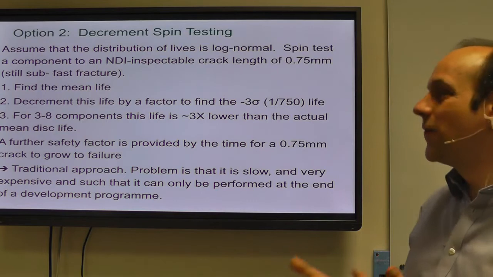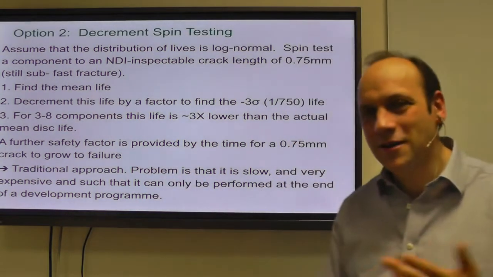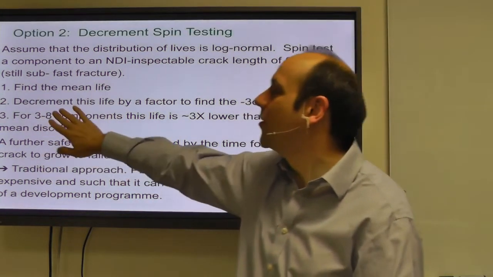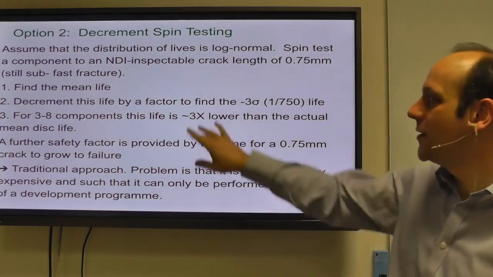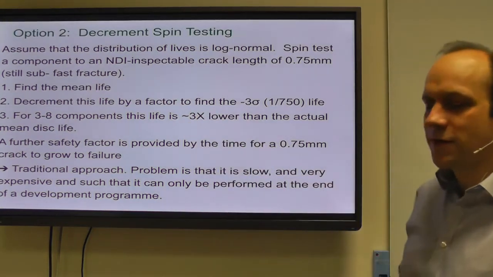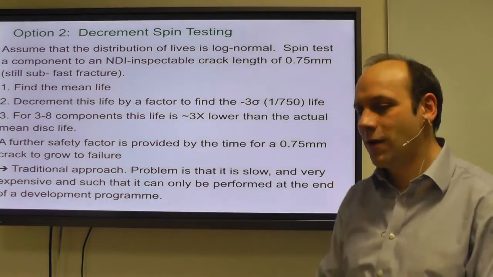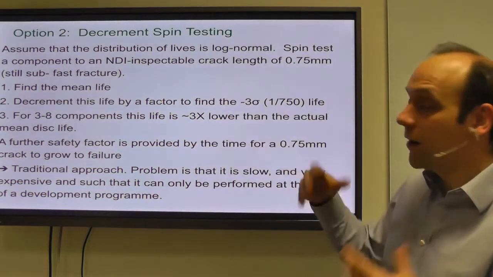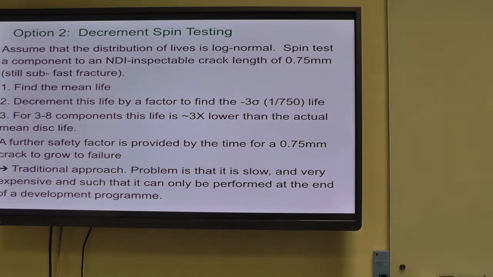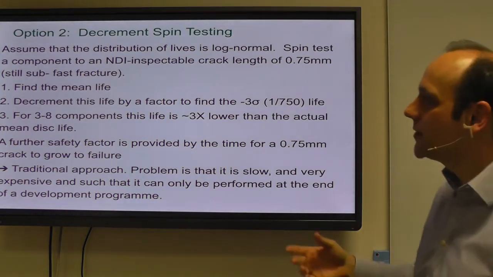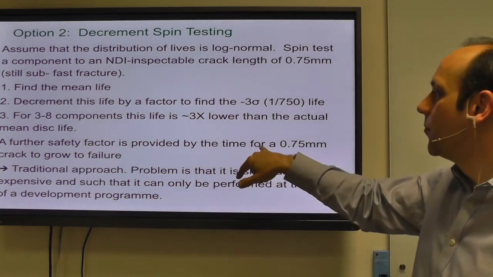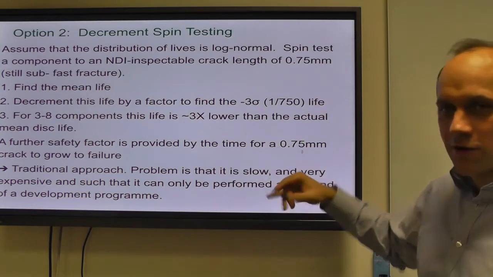And that slightly depends on how many tests you've done, but for that sort of number of components, 3 to 8 components, that tends to be about a third of the life. So if you had a 60,000 hour mean life that you found in spin testing, this would give you a 20,000 hour life. You have another safety factor there, which comes from growing the crack from 0.75 millimeter to failure.